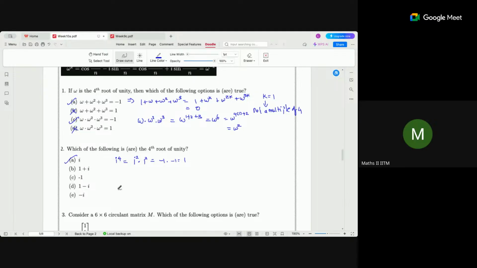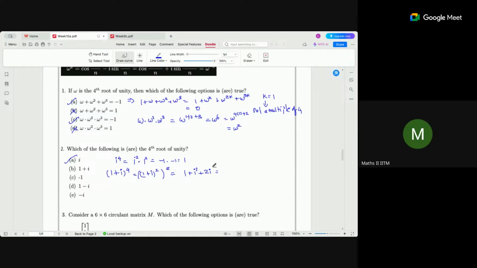What about 1 plus i? So (1 plus i) power 4. Let us again split it as (1 plus i) square the whole square. Now what is (1 plus i) square? 1 plus i square plus 2i.